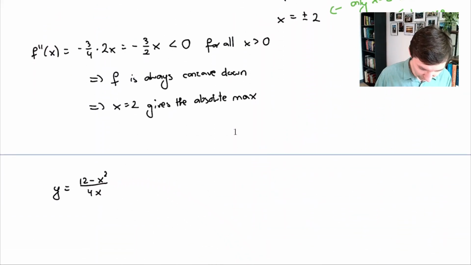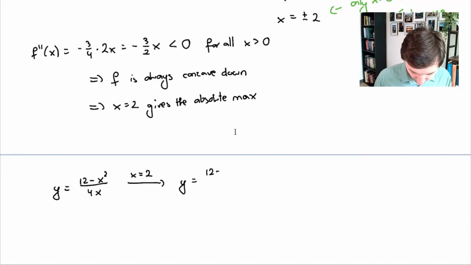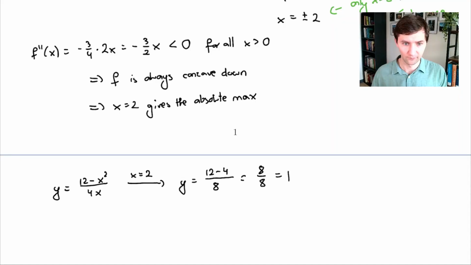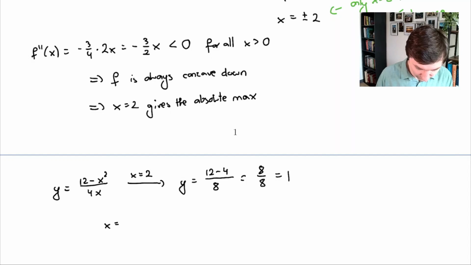When I plug in 2 to this expression, I get that y equals (12 minus 4) divided by 8, which is the same thing as 8 divided by 8, which is 1. The dimensions that maximize the volume of this box are x equal to 2 centimeters, the units were centimeters, and y equal to 1 centimeter.